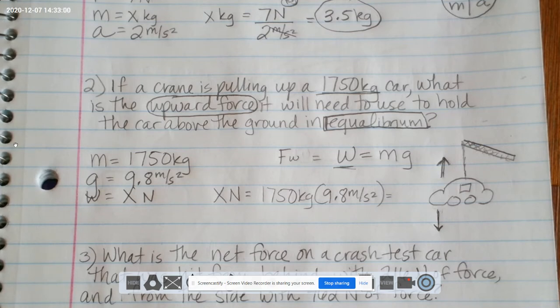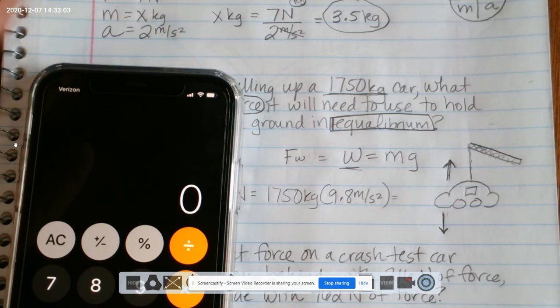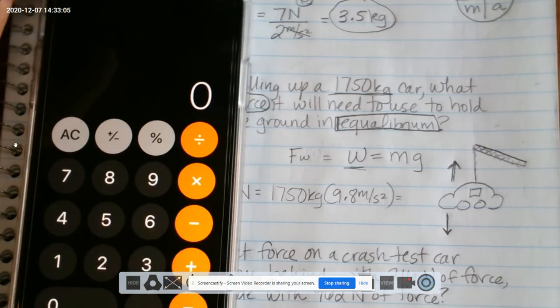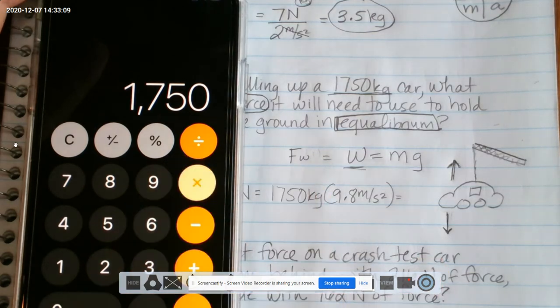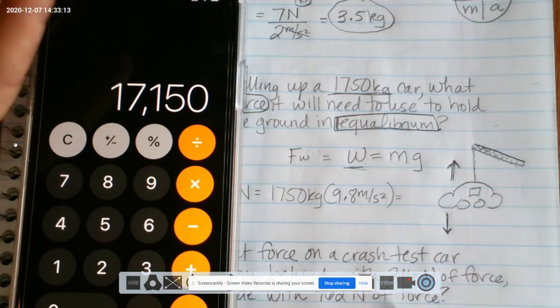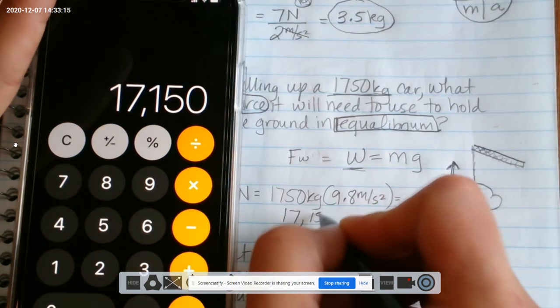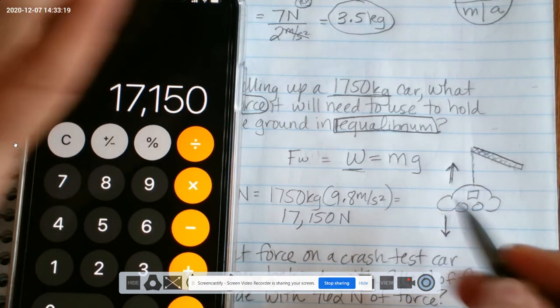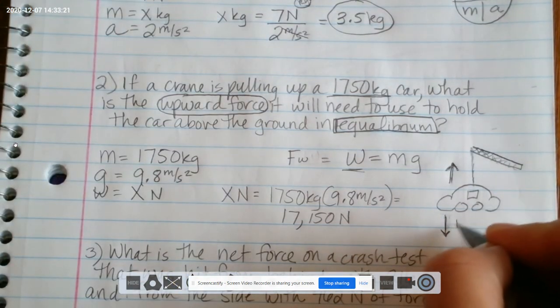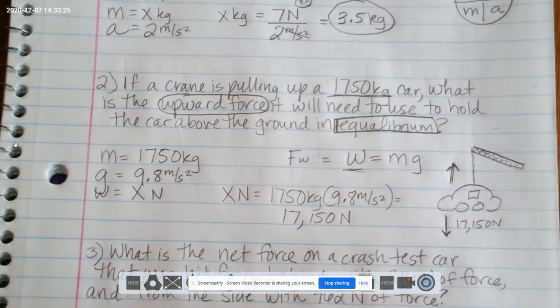So how I would do that in my calculator is I would just do 1,750 and multiply that by 9.8 and it gives me 17,150. And remember, a kilogram meter per second squared is a newton. So that's telling me that the downward force, or weight, is 17,150 newtons.